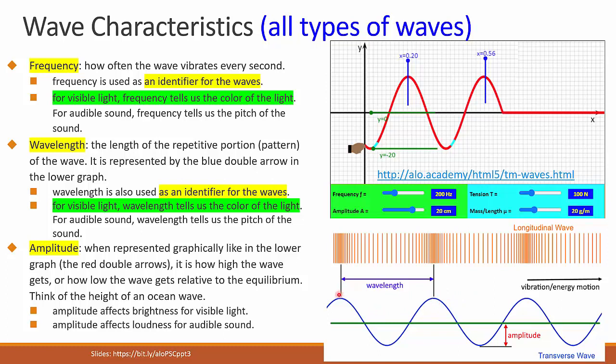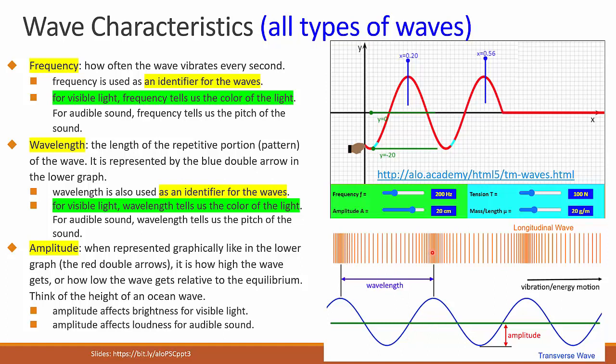Or we could have started here and gone up to here. That would be a wavelength. Or we could have started at a trough and finished at a trough. A full repetitive portion of a wave is what we call a wavelength.